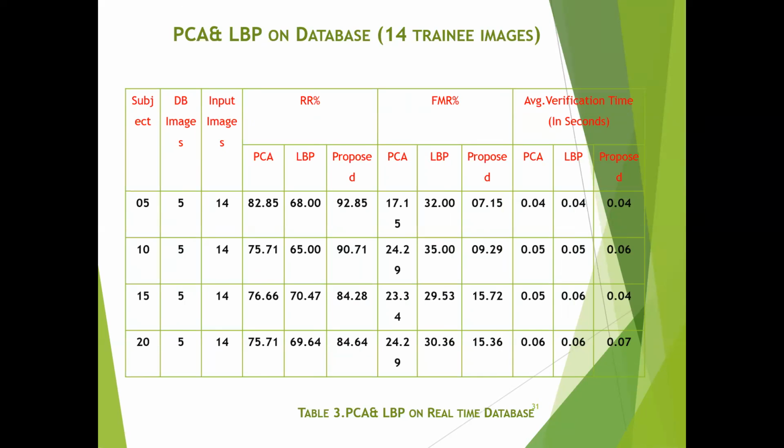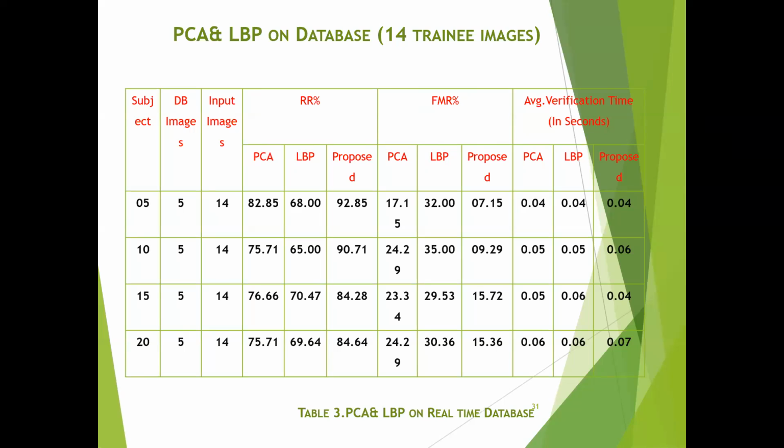Nowadays, LBP is a most suitable technique. Most real-time applications use PCA, right? So PCA is the most widely used in the market. Generally, they use the PCA algorithm. And you can see the false match rate is decreased.